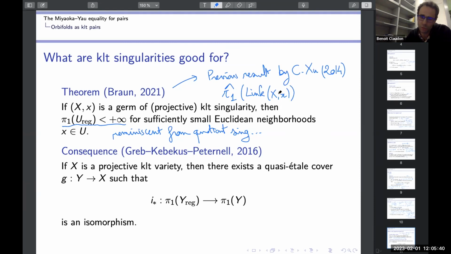So Xu was able to prove that the pi1 of the link has only finitely many finite quotients.